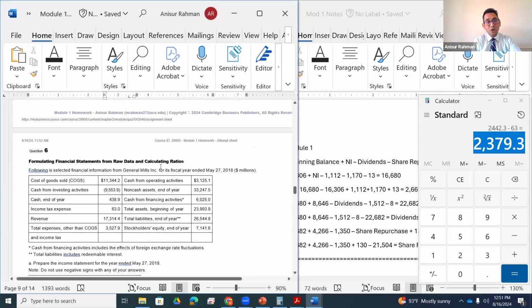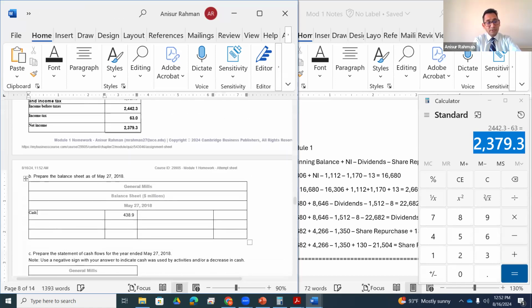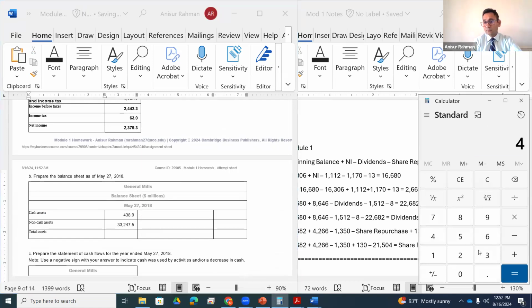We also have non-cash assets. So total assets, $33,686.4.